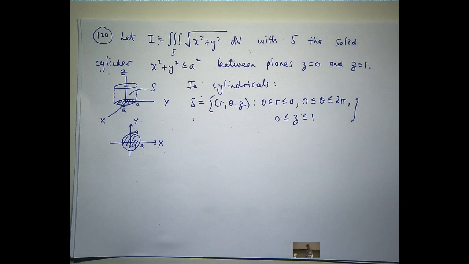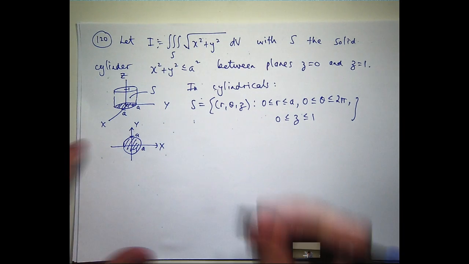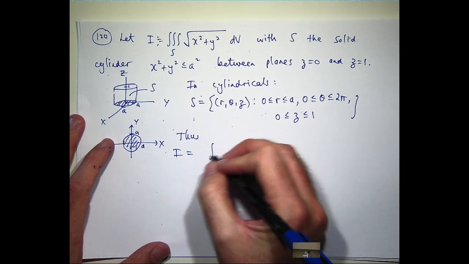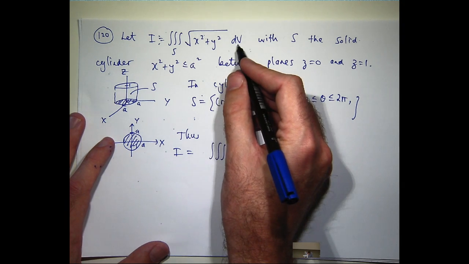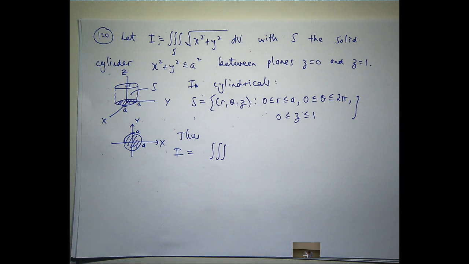Now, just like when we looked at polar coordinates for double integrals, we do have to replace this dV with something. But it's not very difficult. All we replace it with, instead of the dV here, is r dz dr d theta.